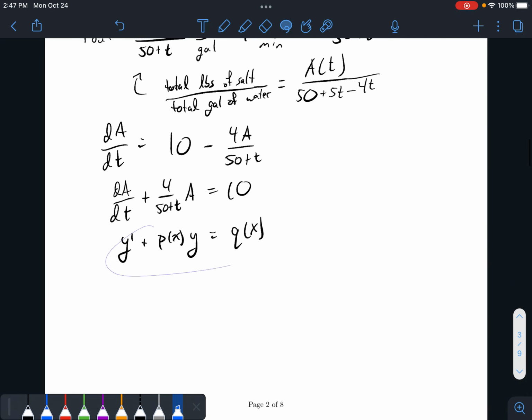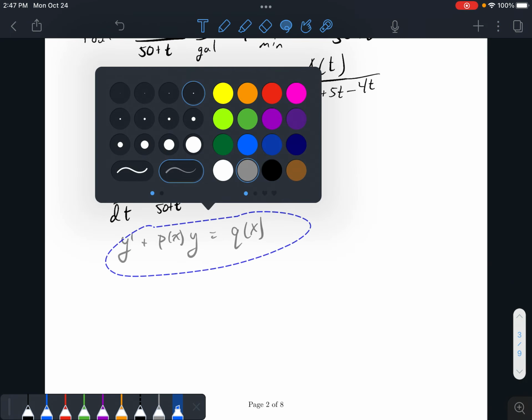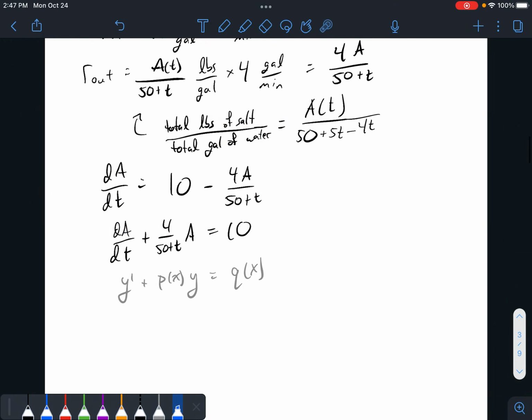So it's a linear differential equation. And then you just need to figure out what your integrating factor is, multiply both sides by your integrating factor, which should really be mu of t because our input variable is t.